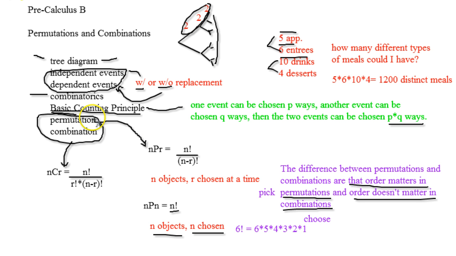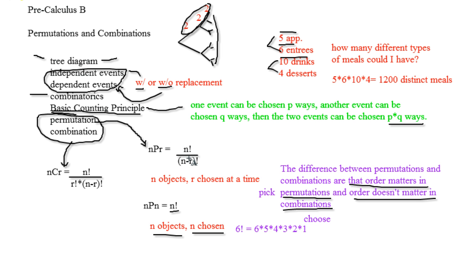Now, if you are doing a permutation where you have n objects and r are chosen at a time, it's n factorial over n minus r factorial. That one's pretty hard to remember, but if you just think about it, it actually makes a whole lot of sense. Plus, Desmos or your graphing calculator will do these calculations for you.